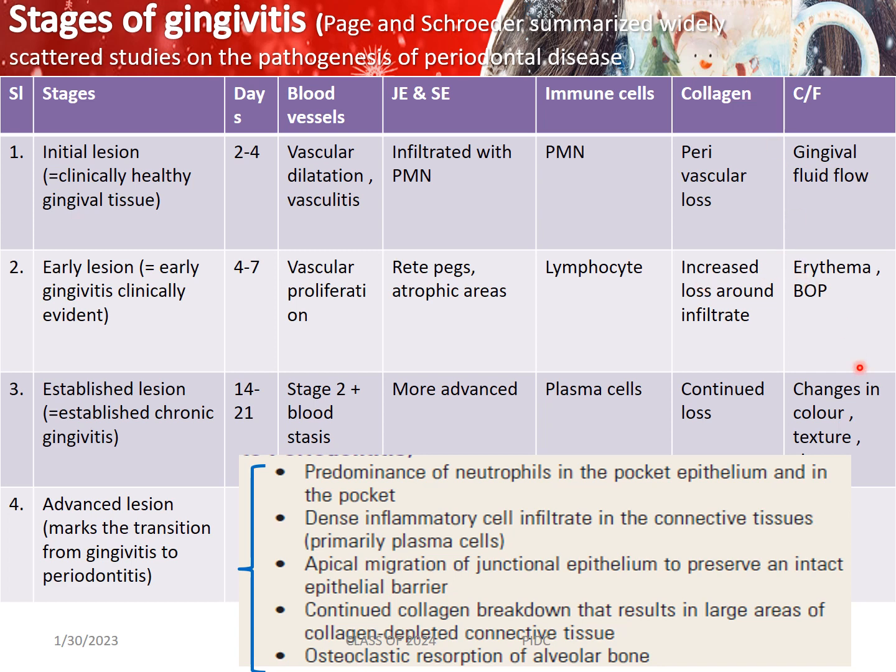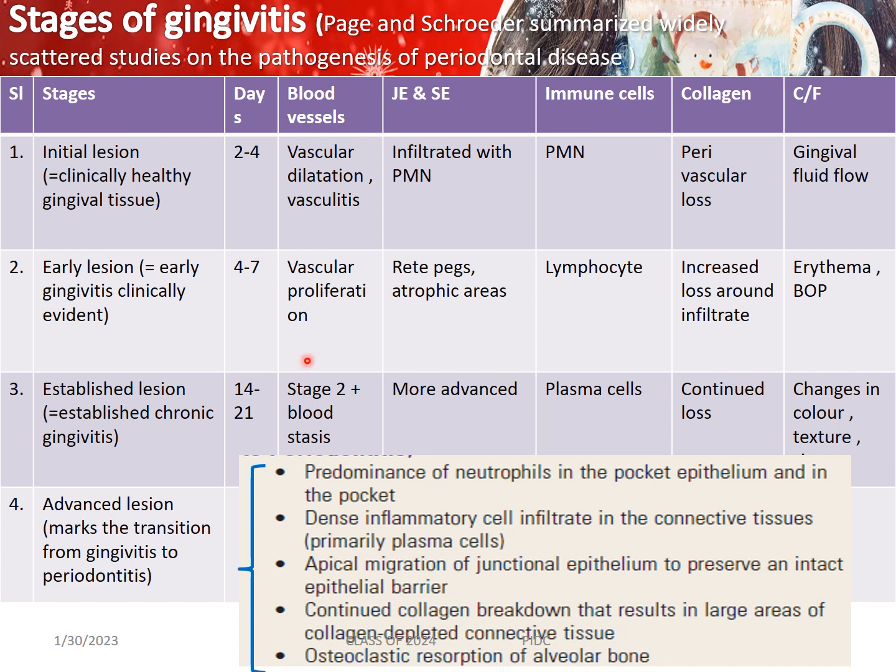When the patient first comes, the very first thing we take is bleeding on probing, and if the patient is in this stage of gingivitis, it will be evident for us. The next stage is the established lesion. This corresponds with established chronic gingivitis, which occurs 14 to 21 days after plaque accumulation.